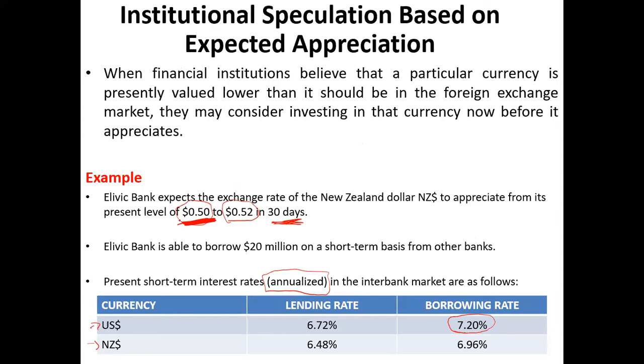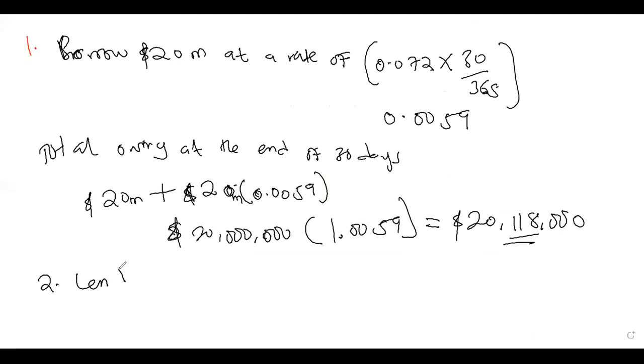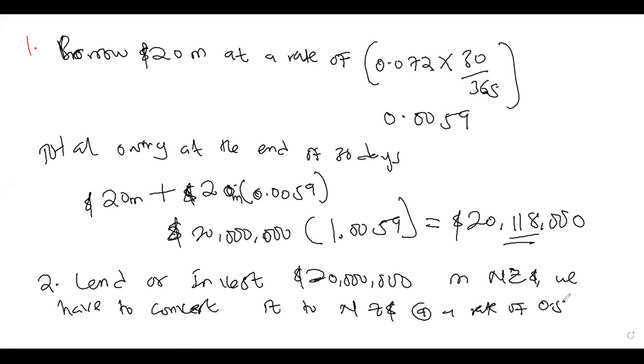Currently, it is this, okay? So, if we have borrowed $20 million, and we are going to lend or invest the $20 million in New Zealand, we have to convert it to New Zealand dollars at a rate of 0.50 US dollars.